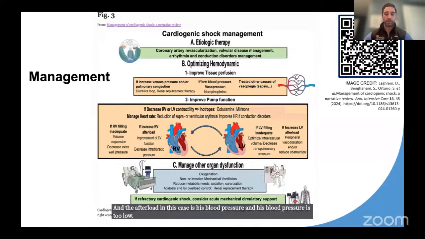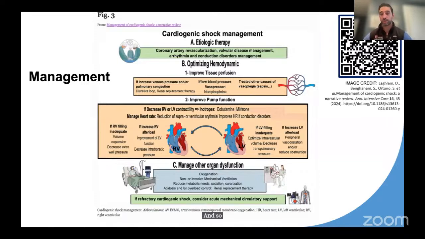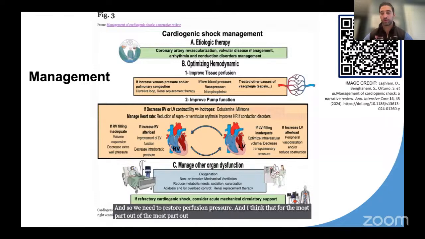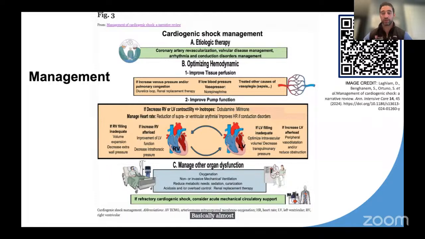And so we need to restore perfusion pressure. And I think that for the most part, out of multiple small trials, it seems that norepinephrine is probably a good, safe first line vasopressor in basically almost all forms of shock, and I think in cardiogenic shock as well.